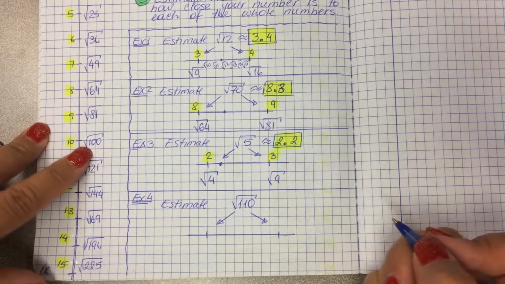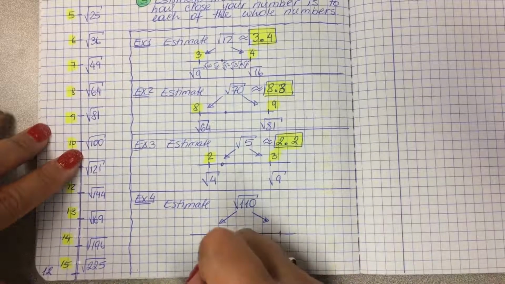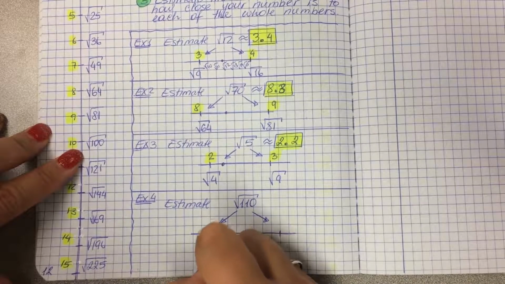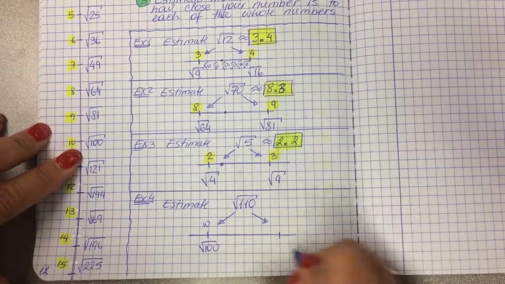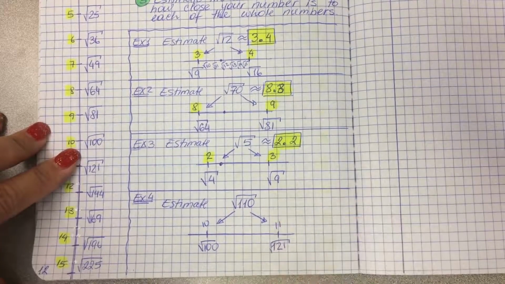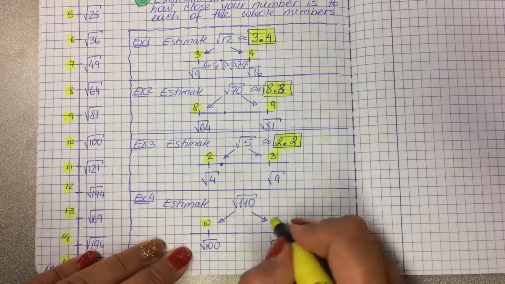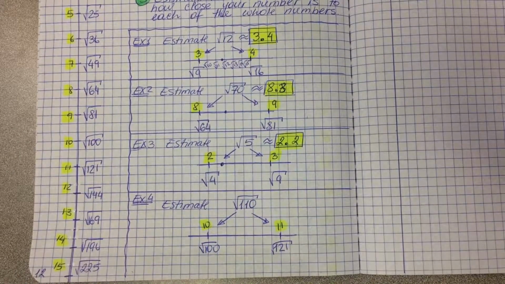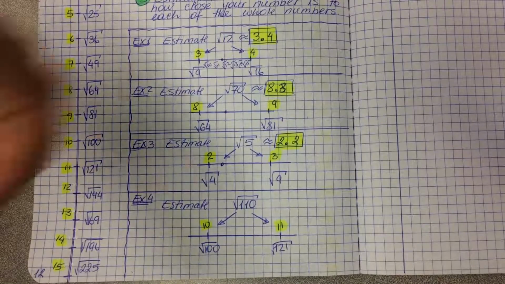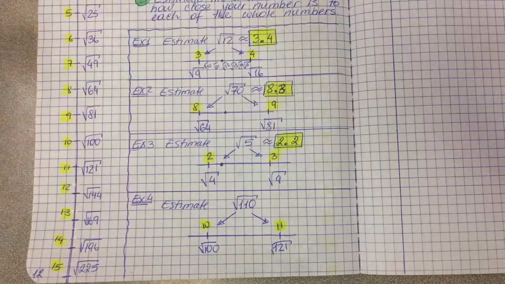Square root of 110 is not a perfect square, but the closest two are 100, square root of 100 is 10, and 121, square root of 121 is 11. Those are the two integers that square root of 110 is in between. So at some point we can have a question, what two integers is your root in between? Then the answer would be between 10 and 11.